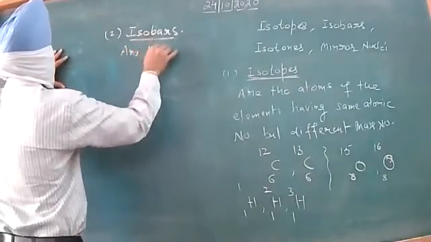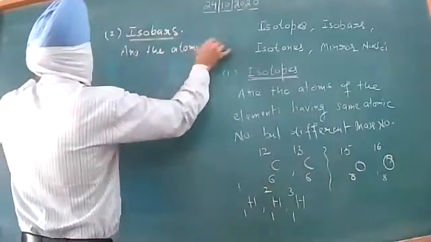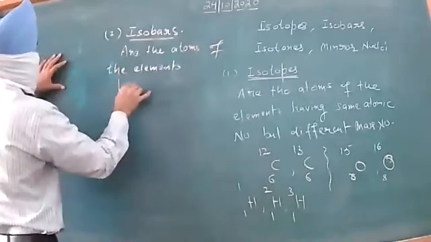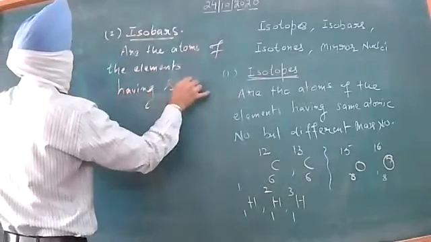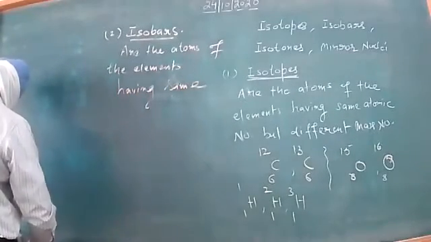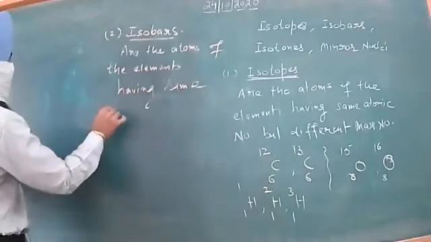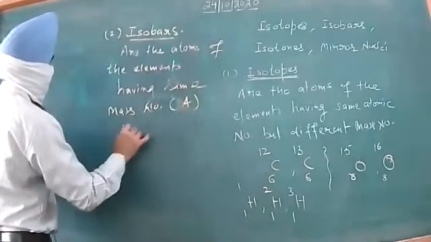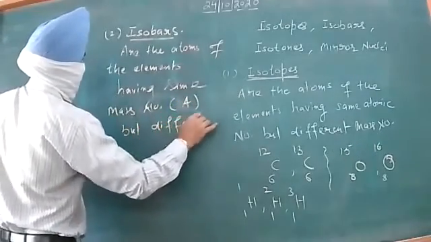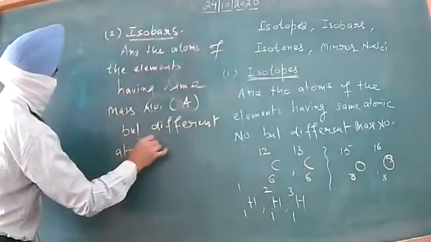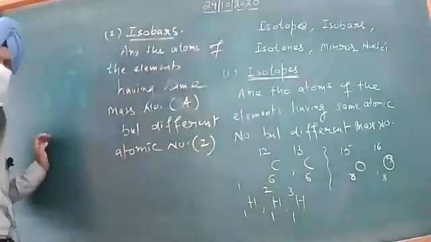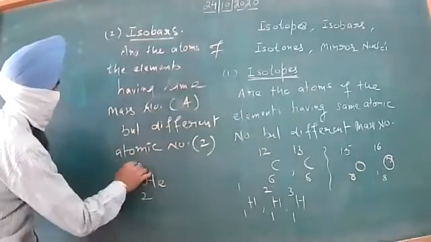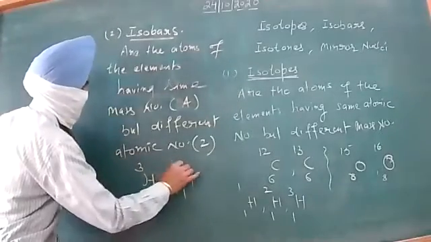Isobars are the atoms of the elements having the same mass number, that is A, but different atomic number, that is Z. And over here you can say He 2, 3 and 1H3.